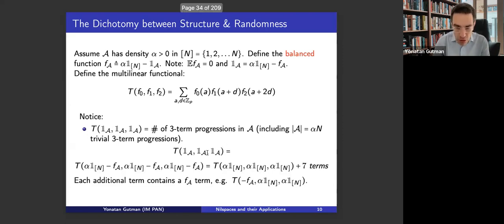In any case, we can use multilinearity in order to write this expression as a sum of 8 expressions. Here I wrote 1_A as alpha 1_N minus f_A, used multilinearity, wrote the 8 expressions, and notice that 7 of them include f_A.